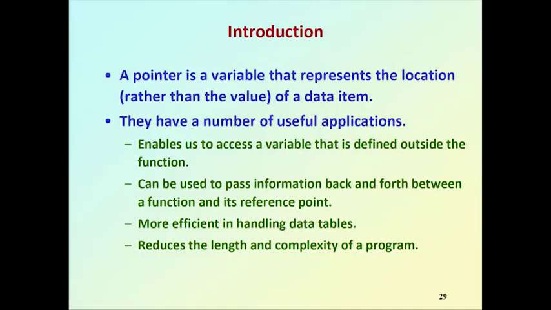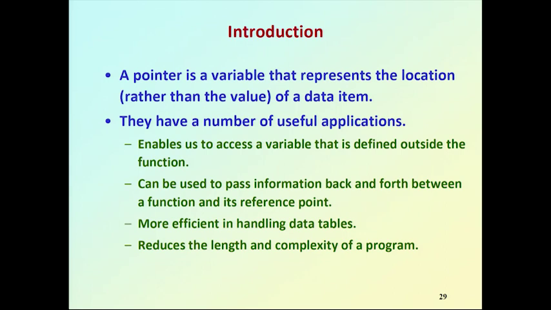So pointers in C, if we remember, a pointer is a variable that represents the location. From the first day onwards, in the introductory class I told that whenever we declare a variable, it has two parts. One is that it is stored in a memory, it has a memory address, and the data.